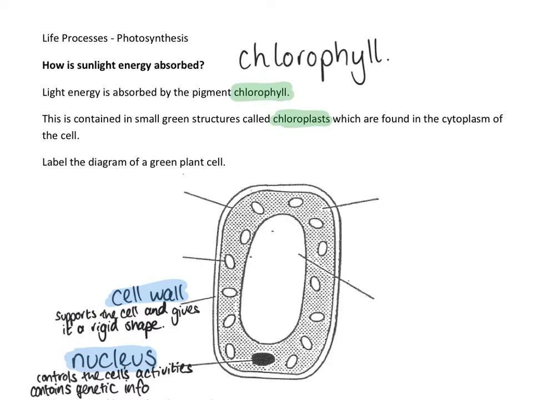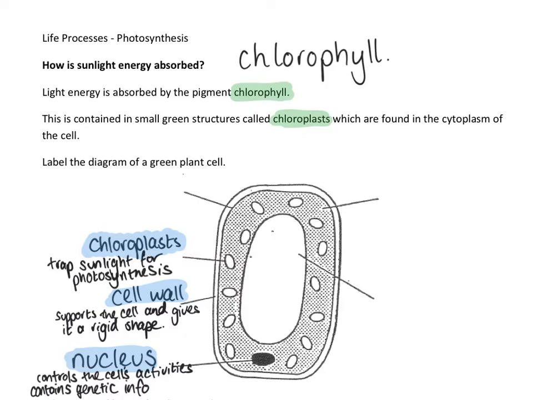Next structure up is what we're focusing on today, these little things called chloroplasts, and they are what trap the sunlight for photosynthesis. So if you label them, the spelling of chloroplasts is C-H-L-O-R-O-P-L-A-S-T-S, and they trap sunlight for photosynthesis.